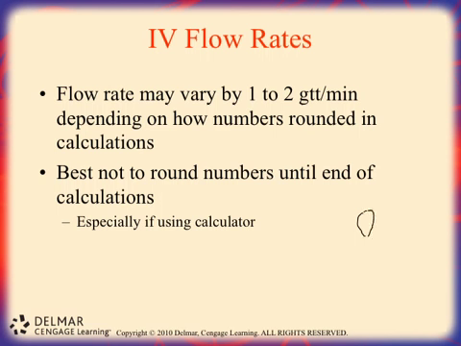Is it possible to give half of a drop? No. The answer is no. So you have to round, because with drops you're always going to round to the nearest whole drop.